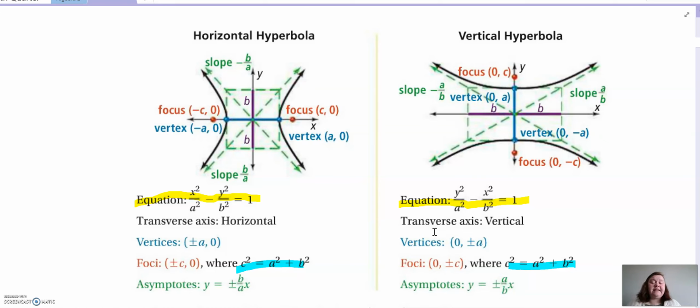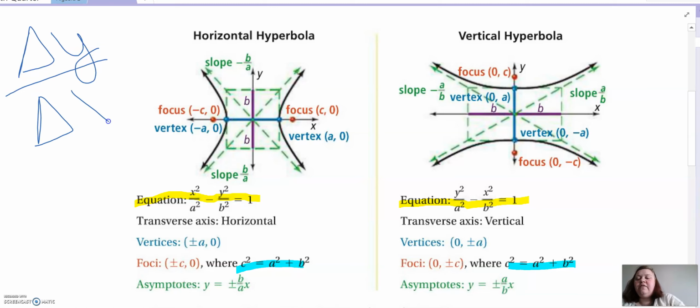And now it comes back to slope too. With slope, it's always the change in y over the change in x. So it's your y value over your x value. So if you look down here at your equation for horizontal, the y value has b underneath of it. So b has to be in the numerator.